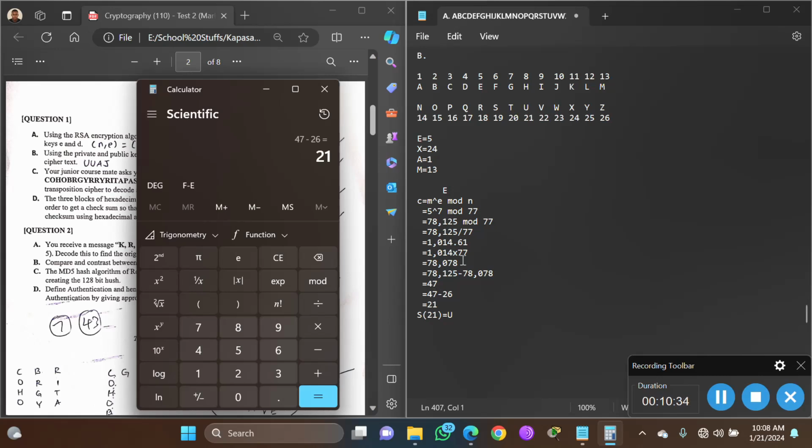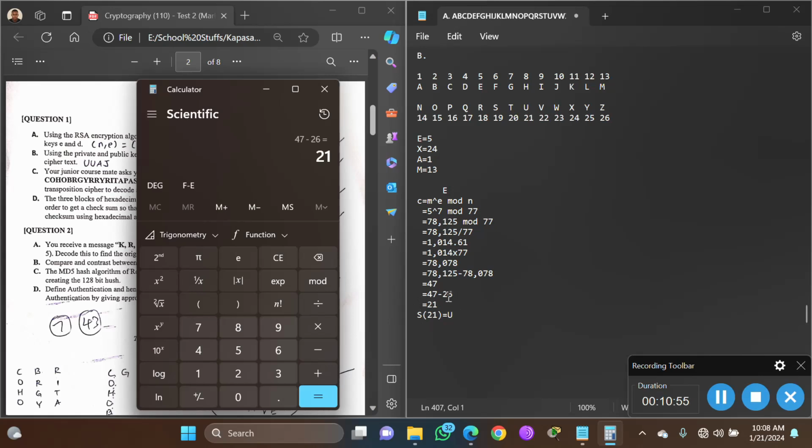Then we said our alphabet ends at 26, so 47 is a bigger number, so we need to wrap around. So wrapping around 47, you count up to 47, or you say minus 26. As you can see, we were getting 21, which is now U from the alphabet.